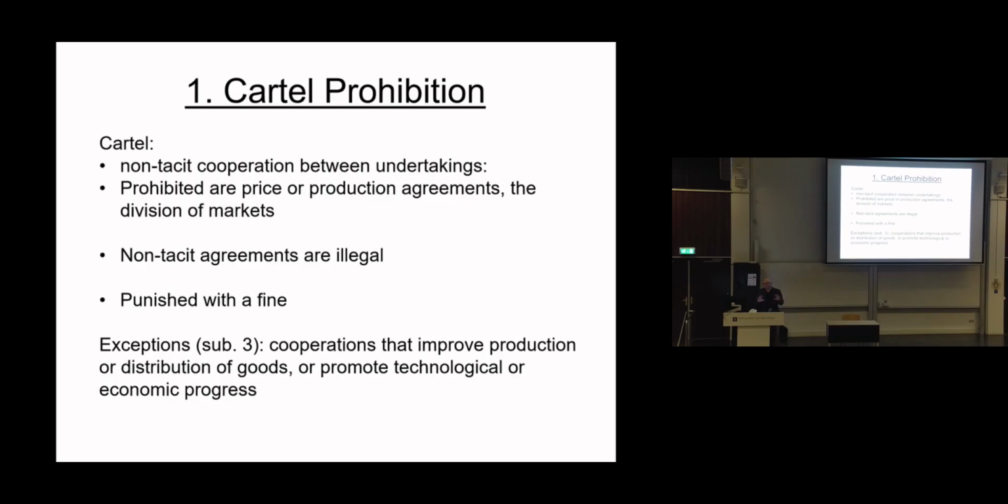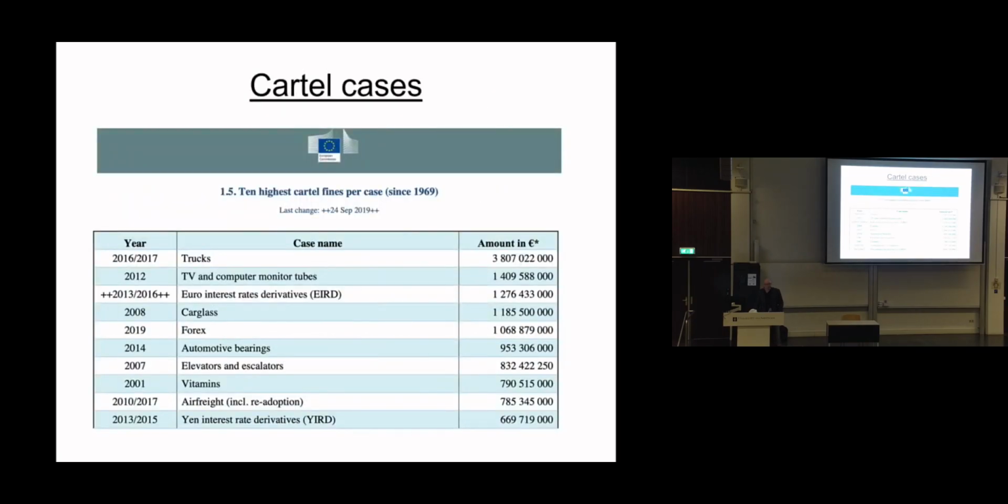Basically, they divide the market, and that is considered illegal in the European Union. Fines can be given to companies who break these laws, who work together. And actually, when we look into history, we can see here a whole long list of companies that have been fined by the EU.